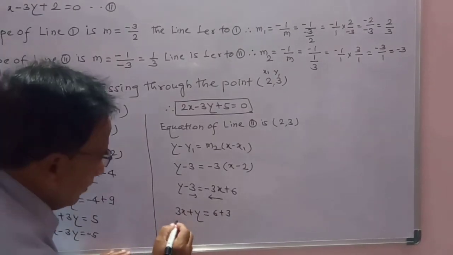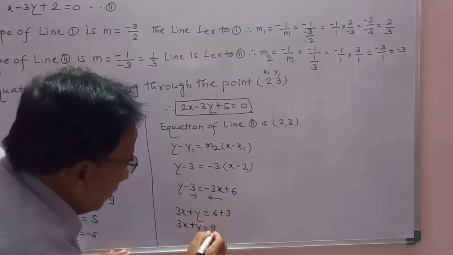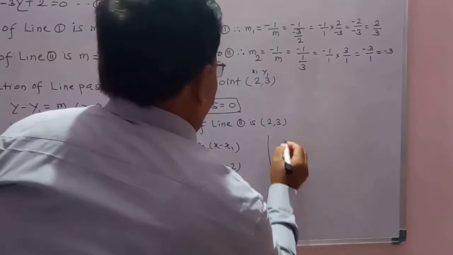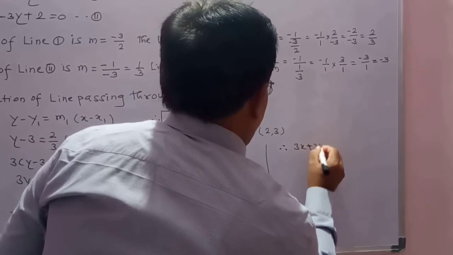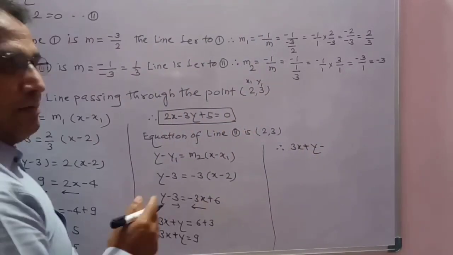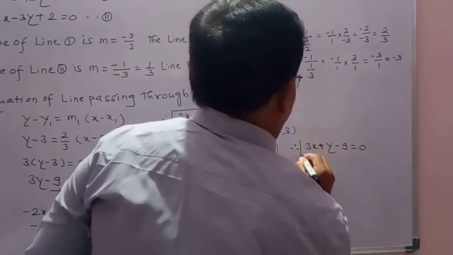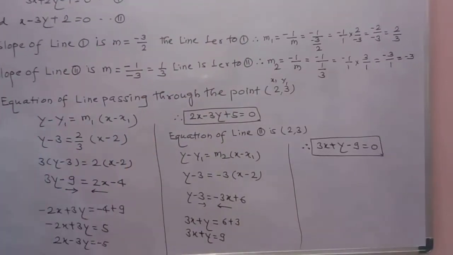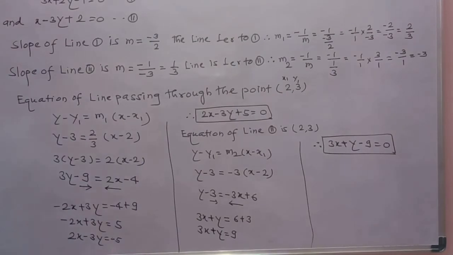Therefore, 3x plus y equal to 6 plus 3, which is 9. Transposing 9 to the left side, 3x plus y minus 9 equal to 0. This is the equation of the second line, which is perpendicular to the first: 3x plus y minus 9 equal to 0.